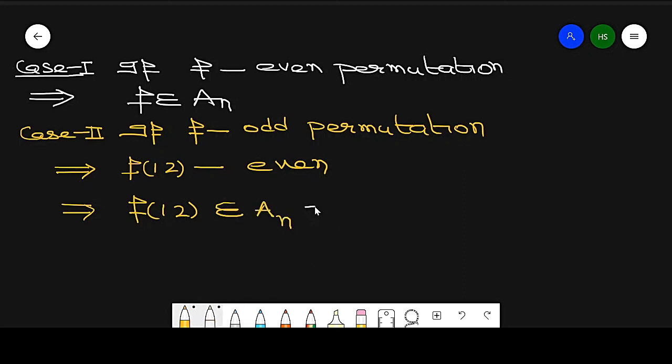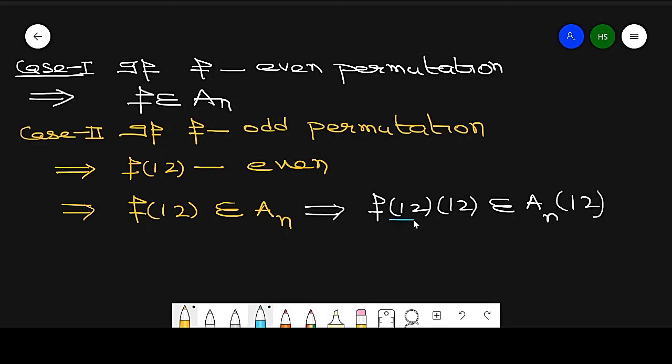If it belongs to An, so it means f(1 2)(1 2) belongs to An(1 2). Now taking the product of this permutation, (1 2)(1 2) is the identity. Check, 1 goes to 2, 2 goes to 1, identity.